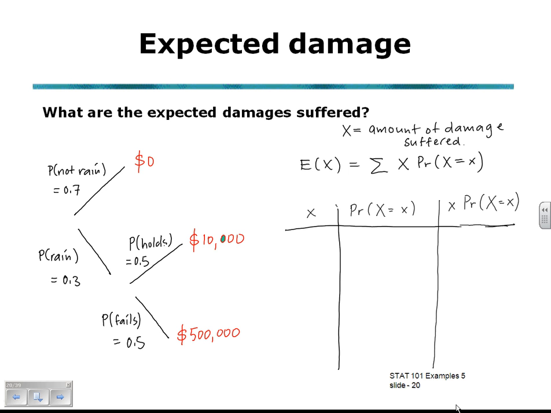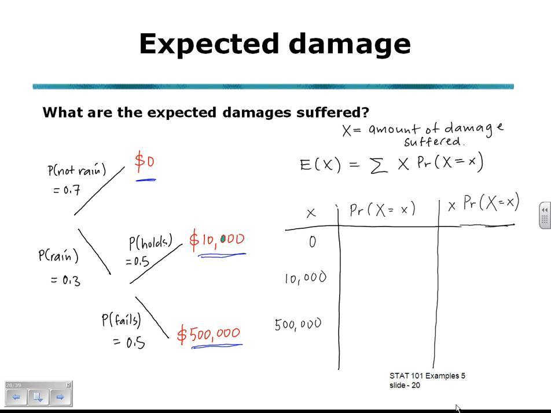These are shown in red on the screen. X could be 0 in the chance of no rain. X could be $10,000 in the chance it rains and the flood defence holds. Or it could take the value 500,000 if it rains and the flood defence fails. These are the only three values x can take for our amount of damage suffered.